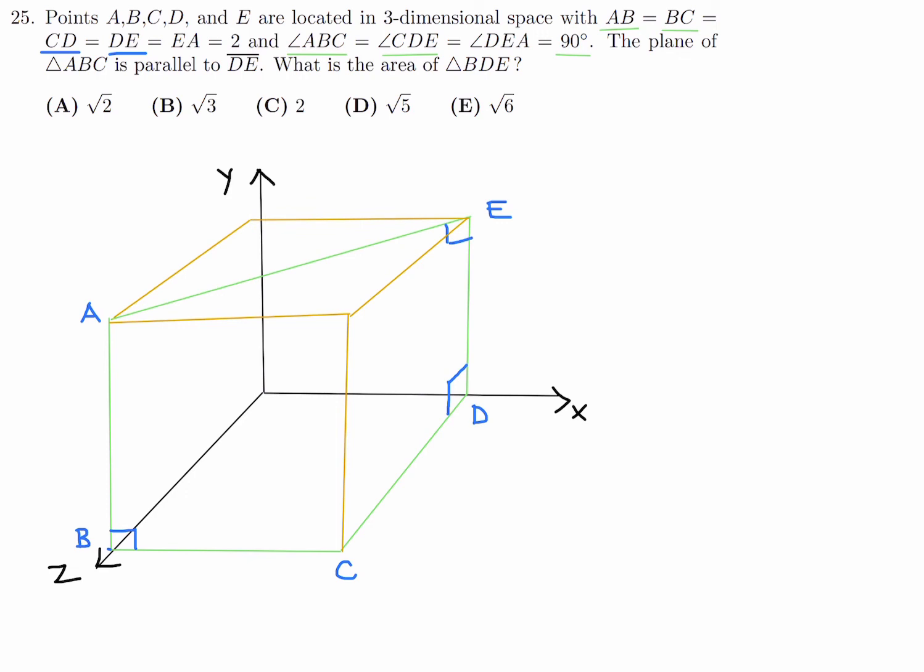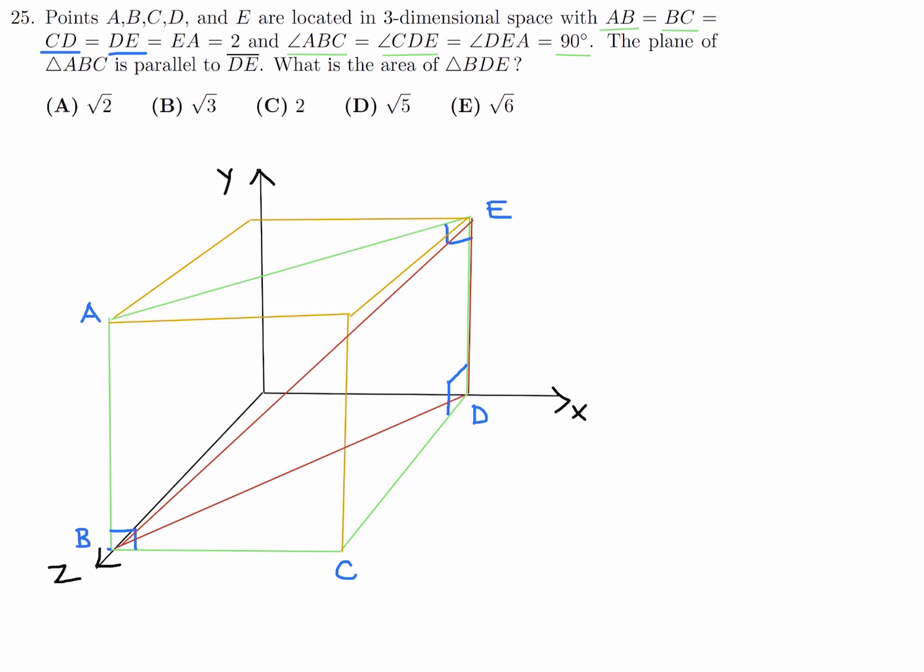All right, so what do they want me to figure out? The area of BDE. BDE, that triangle. Okay, so B, first of all, I have to join it to D, and then BDE. So this triangle, they want me to figure out that area. Okay. Well, that should be relatively simple. Why?